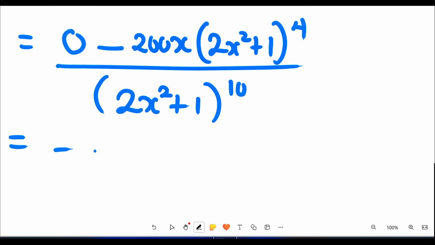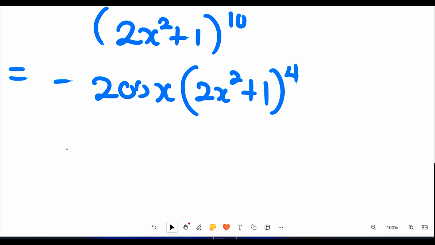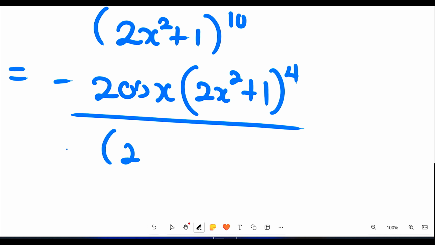So we are going to get negative 200x multiplying (2x squared plus 1) in bracket having an exponent of 4 and divided by (2x squared plus 1) in bracket having a power of 10.